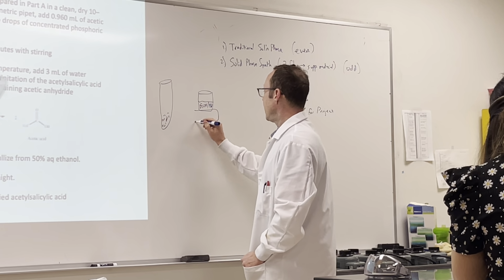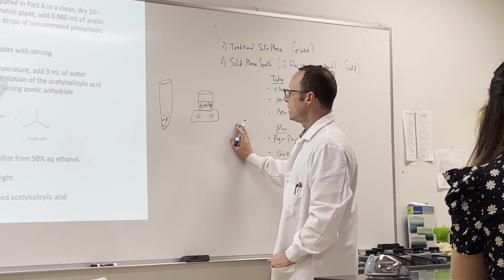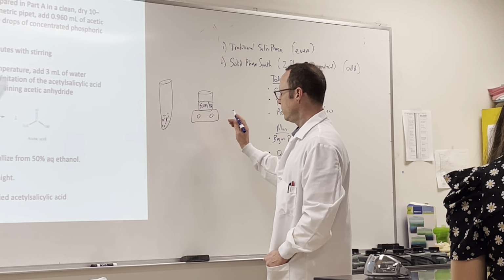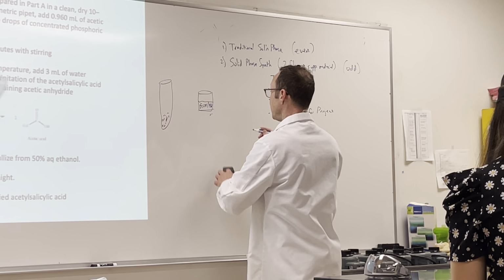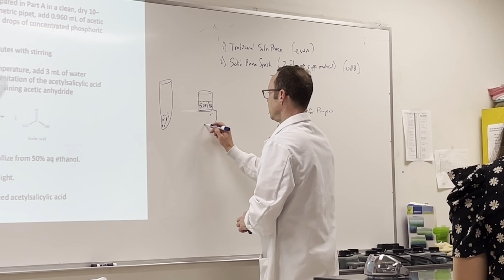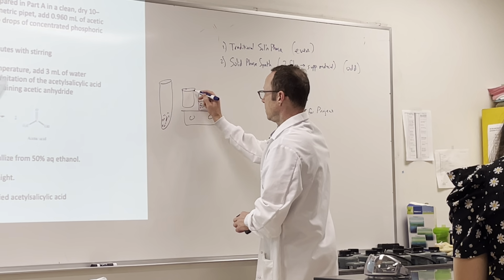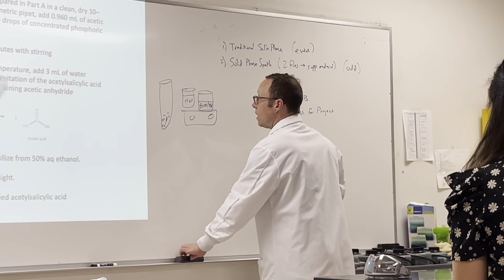You would have that on the hot plate. Get it very hot. You might have a second beaker with hot water if you're using the test tube. That'll just be the water bath.